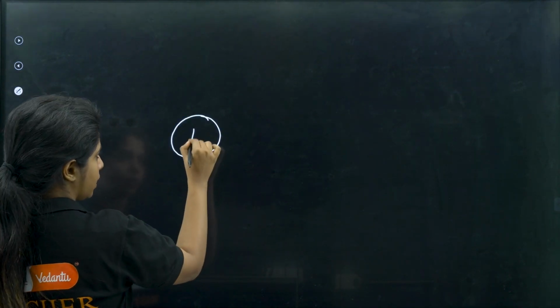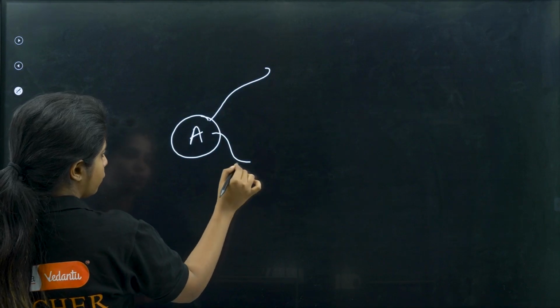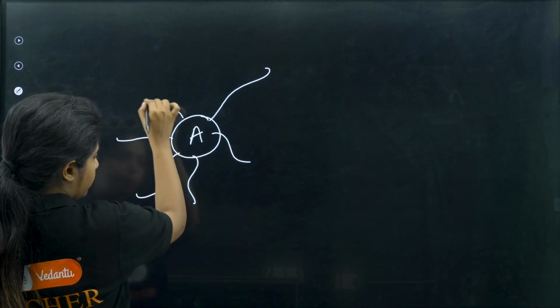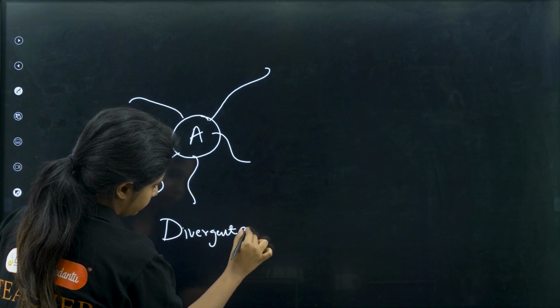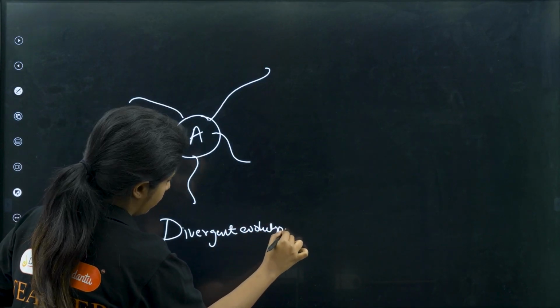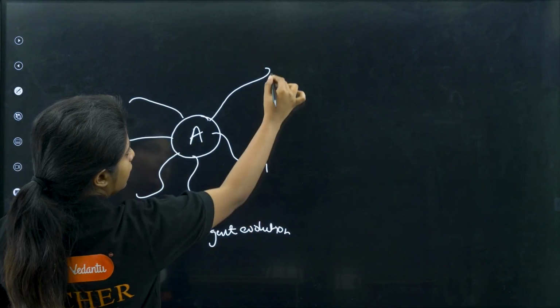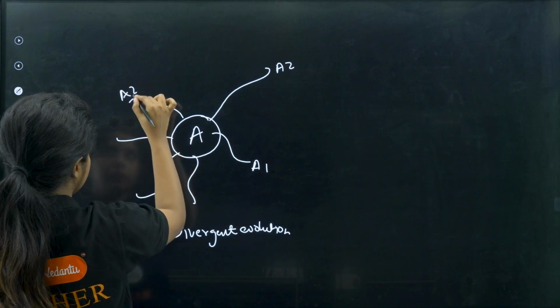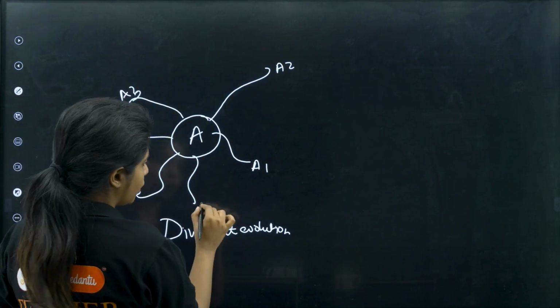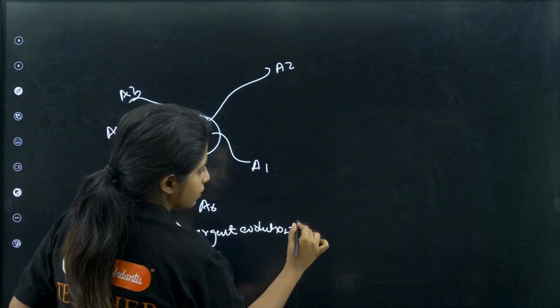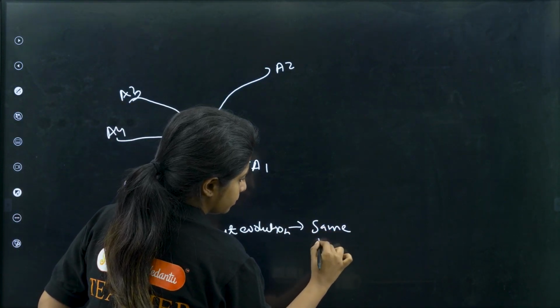When a common ancestor is giving rise to different organisms, you simply call this divergent evolution, because A1, A2, A3, A4 and A5 have the same anatomy.